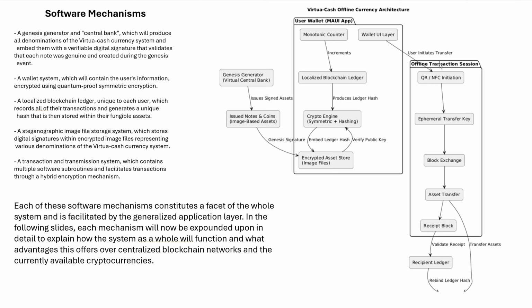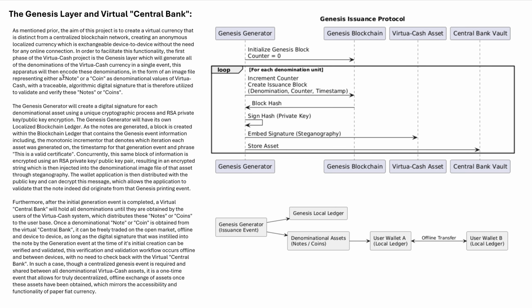Then there's the offline transaction session. These sessions are created by the app itself, and they facilitate the transfer of blocks as well as asset transfer using ephemeral transfer keys. But we will get into all of this when we get to the offline transaction session slide.